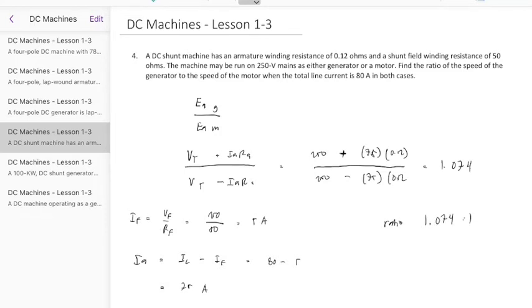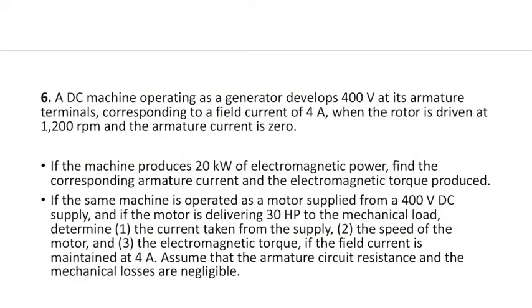So mas dako ang ratio sa speed sa generator. Then move ta with, so let's skip number 5 for now. Let's go with problem number 6.